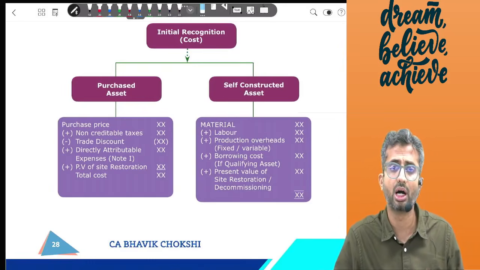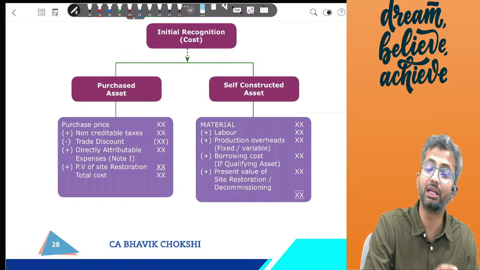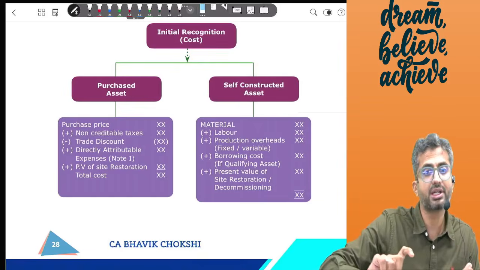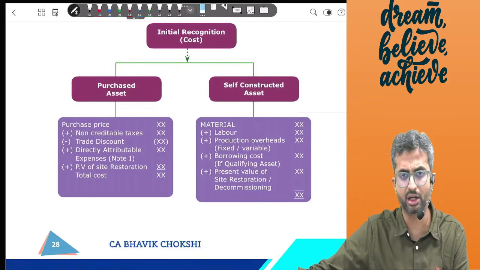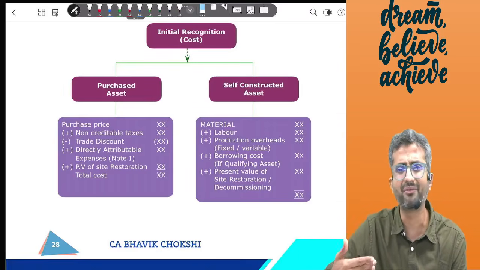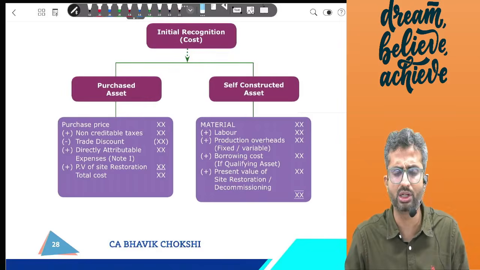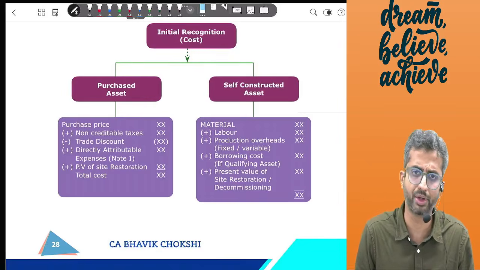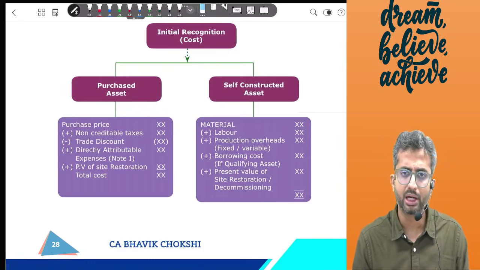So if it is a directly attributable income, then it is to be subtracted. But if it is not directly attributable, like you are constructing a factory and you give some surplus land on rent, that is not directly linked to construction, in which case it will go to the profit and loss. So this is the guidance regarding directly attributable expenses.